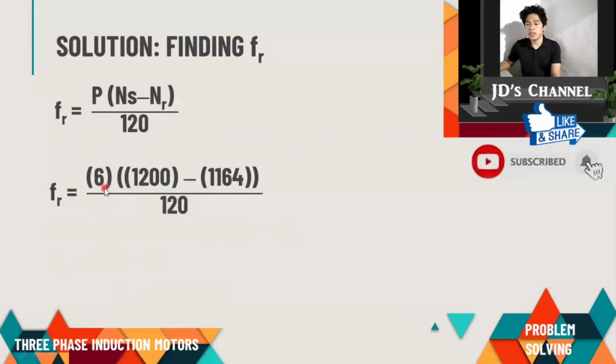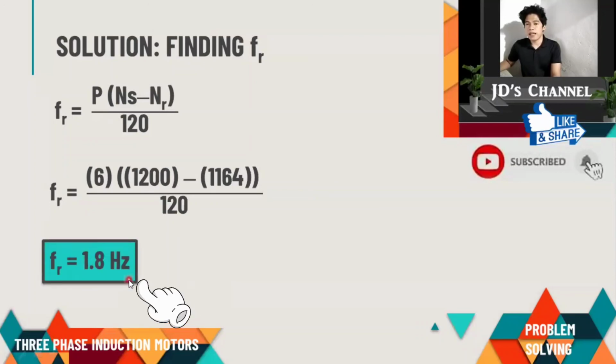So that is 6 multiplied by the difference of our NS, 1,200, minus our NR of 1,164, then divided by 120. So what would be our final answer for FR or the rotor frequency? That is 1.8 Hz.